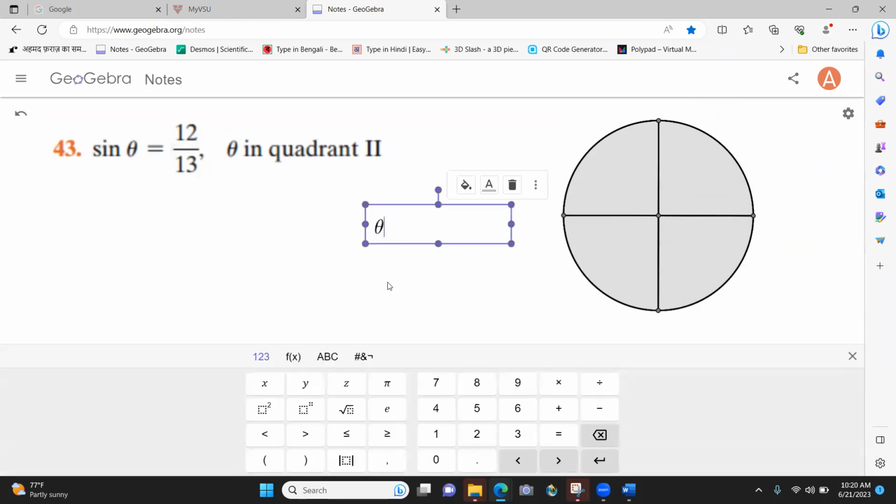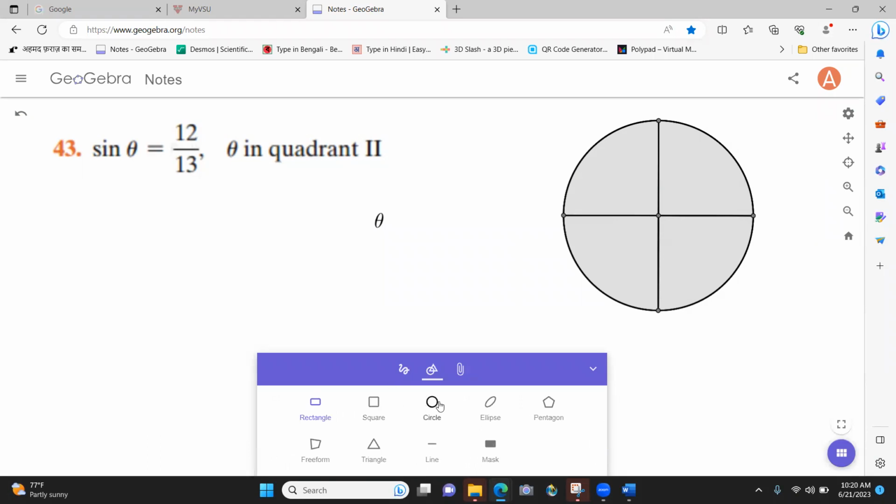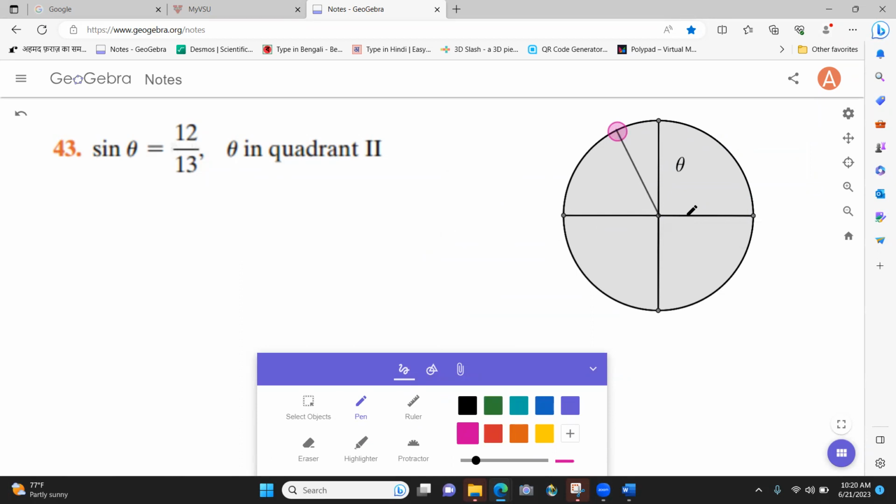All right, this is theta, and this is my point. So it's in quadrant 2, it's right here. And I'm going to draw my line like so. And this angle is theta.